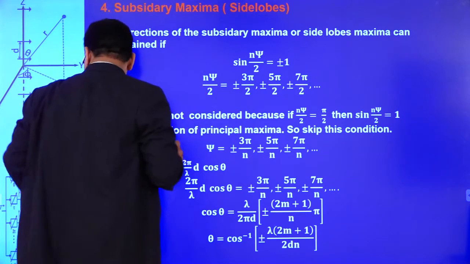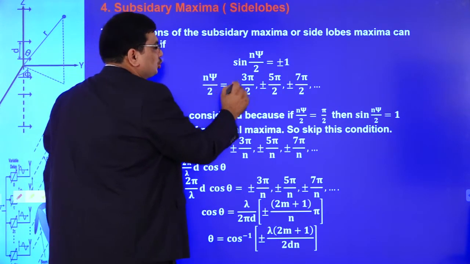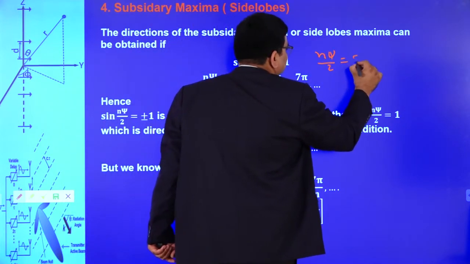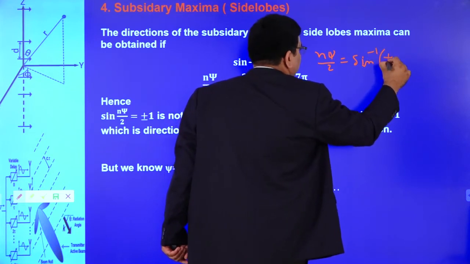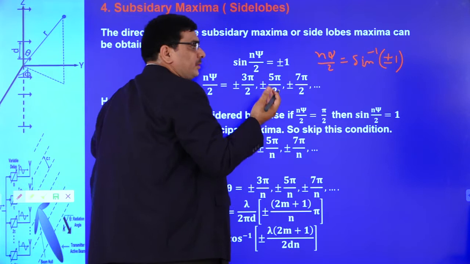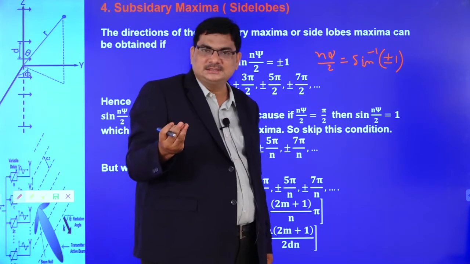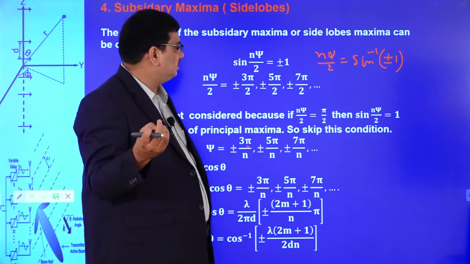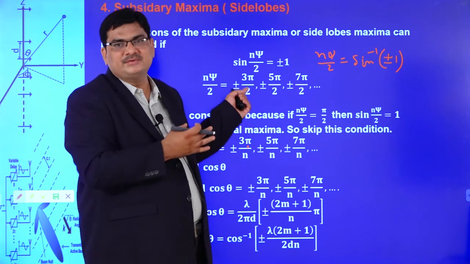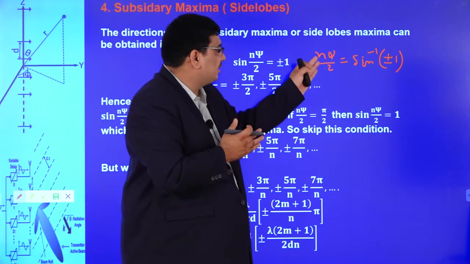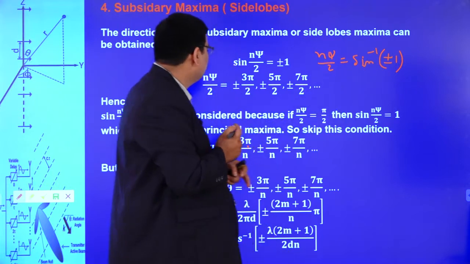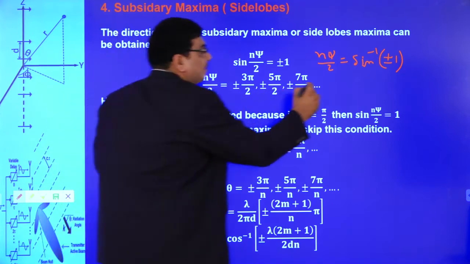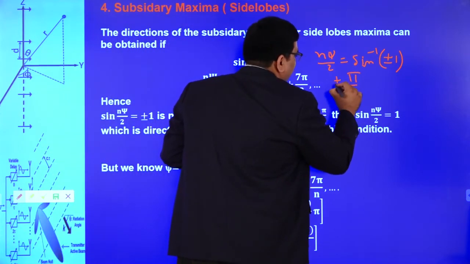So from this, nψ/2 equals sin inverse of plus or minus 1, where we get plus or minus 1 for 90 degrees, 180 degrees, and 270 degrees, like that. So nψ/2 equals, here we are eliminating one condition, that is the plus or minus π/2 condition.